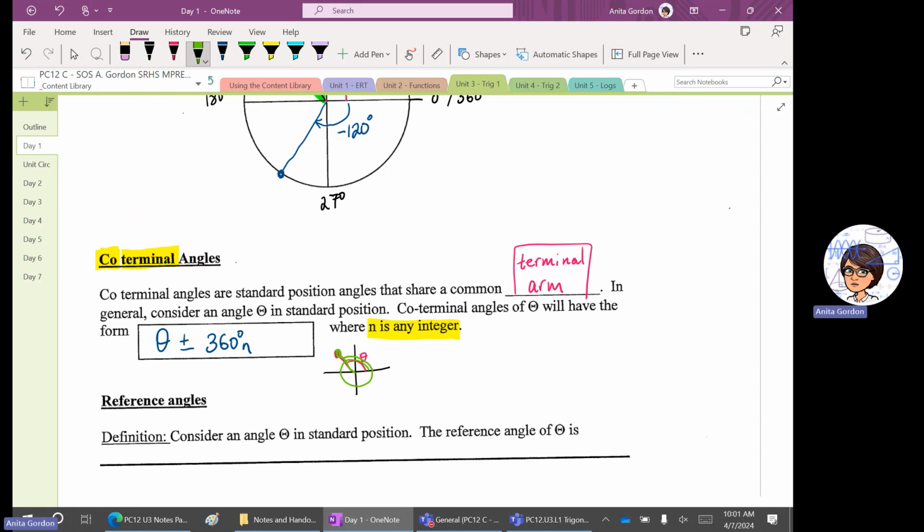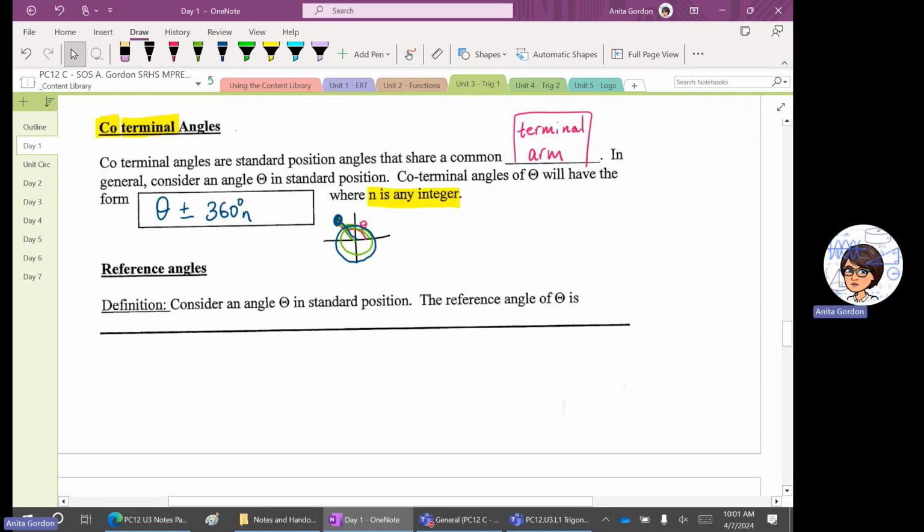That was 1, so n is 1. Now if I go around the circle again, 360 degrees, whatever angle I end up with is going to be theta plus 360 times 2, right? So coterminal means I've gone around the circle one whole time and ended up in the same spot.